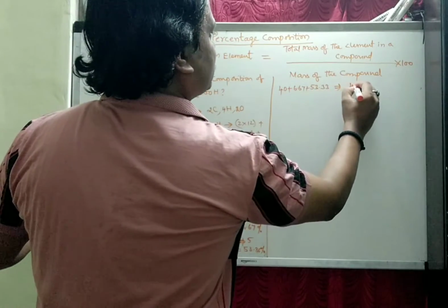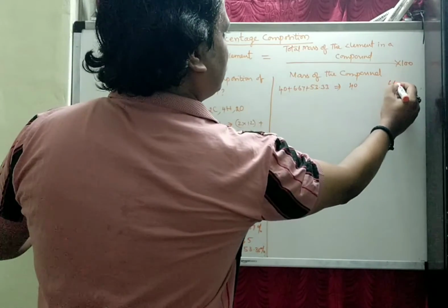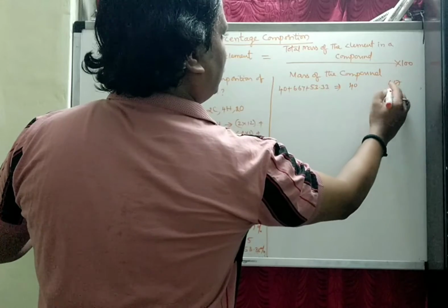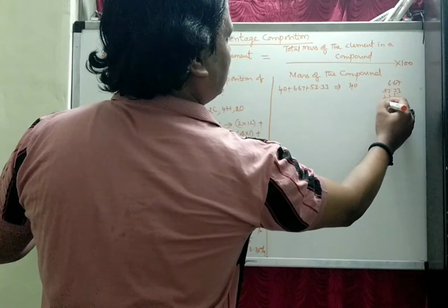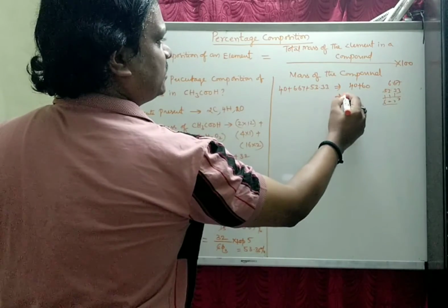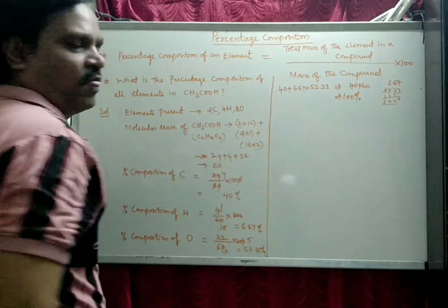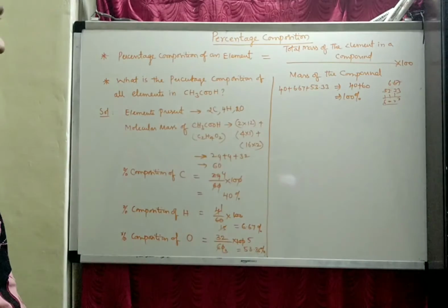So 40 plus 6.67 gives 46.67, plus 53.33 gives 100%. So the total is 100%. As a simple problem, this is how we can calculate the percentage composition.